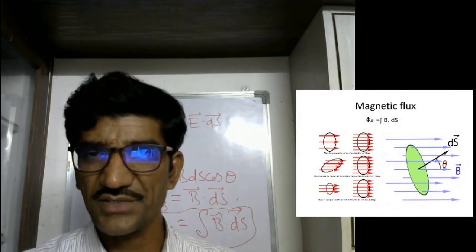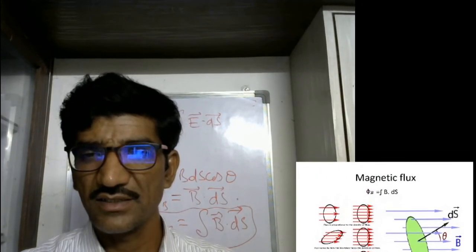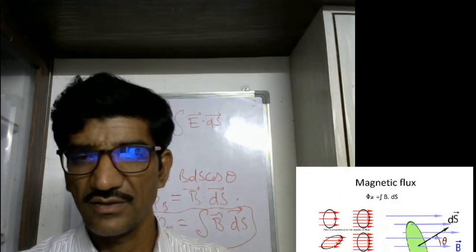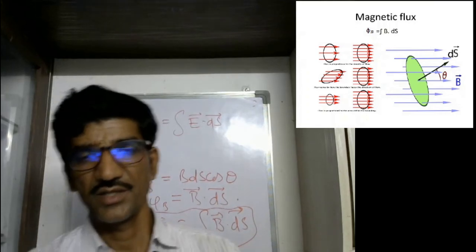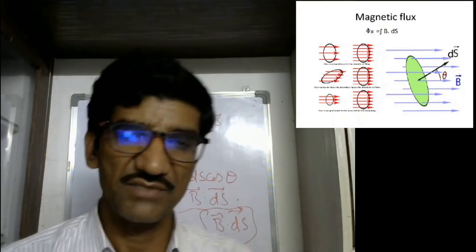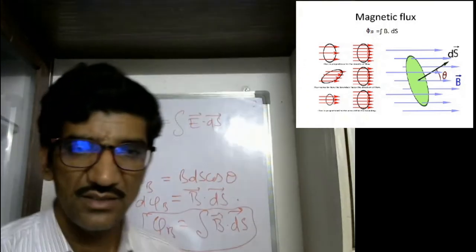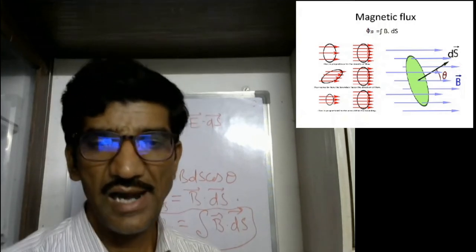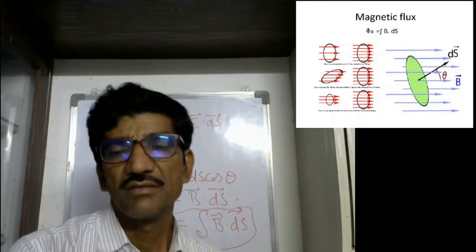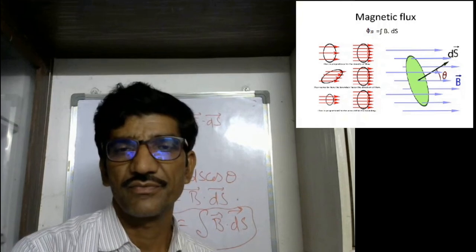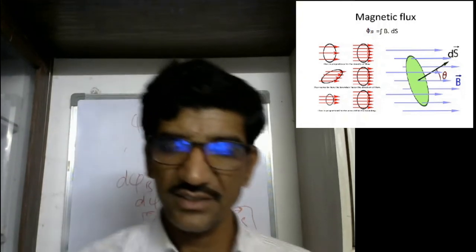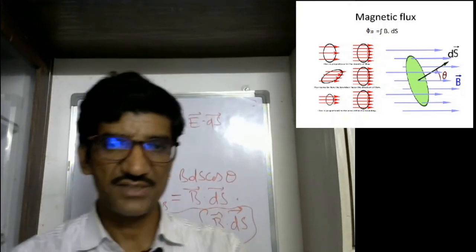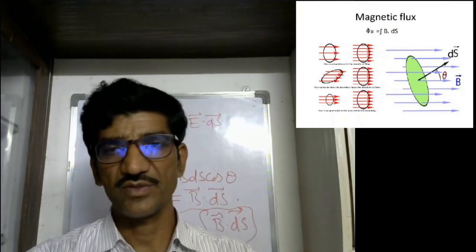What are the SI units for magnetic flux? Weber. We measure the magnetic flux in Webers. So magnetic flux will show you the presence of a magnetic field. This magnetic flux in a magnetic field depends upon three factors.